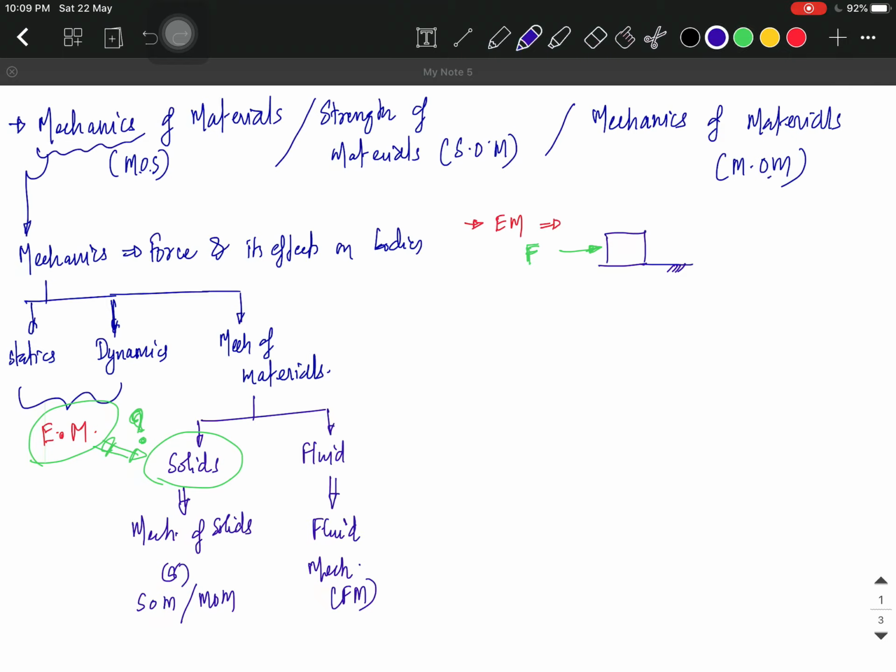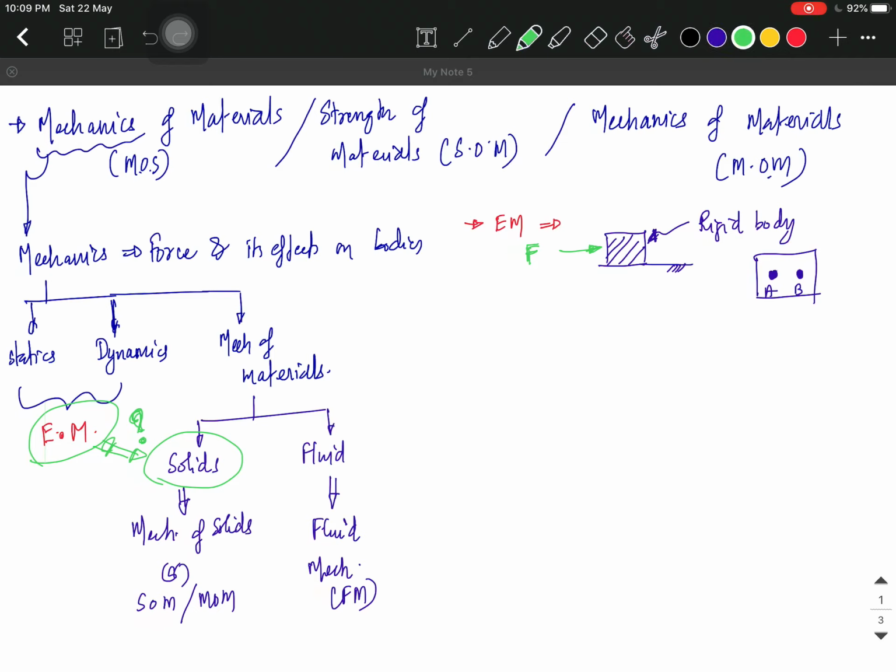Here we are limiting these studies to a particular type of body only, and those bodies are called rigid bodies. Do you remember what a rigid body is? Consider two points, A and B, on its surface or in the body.